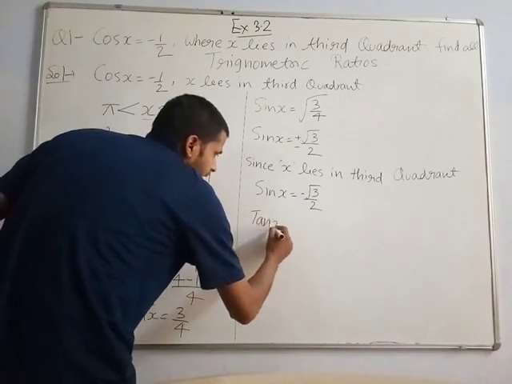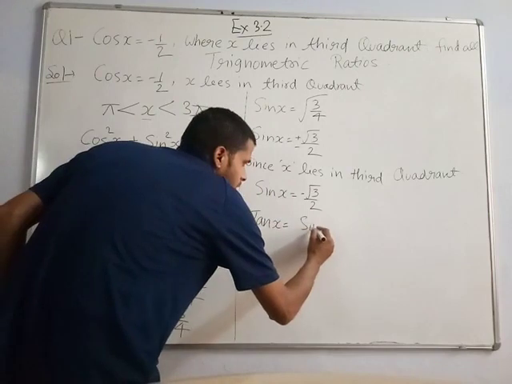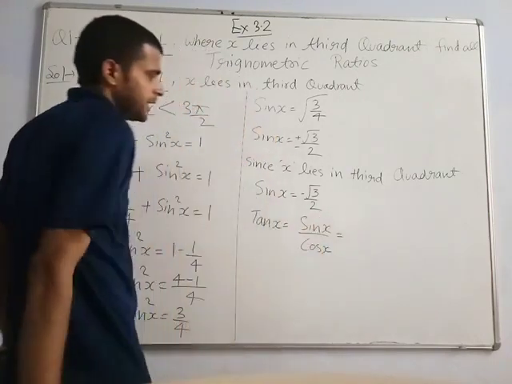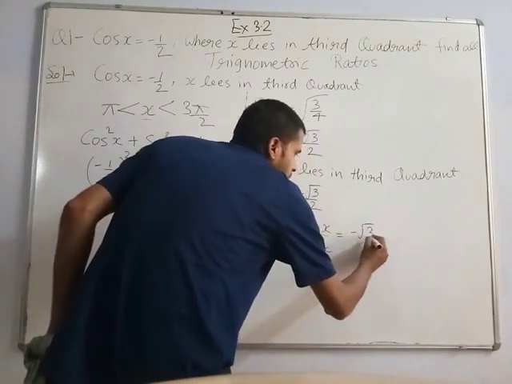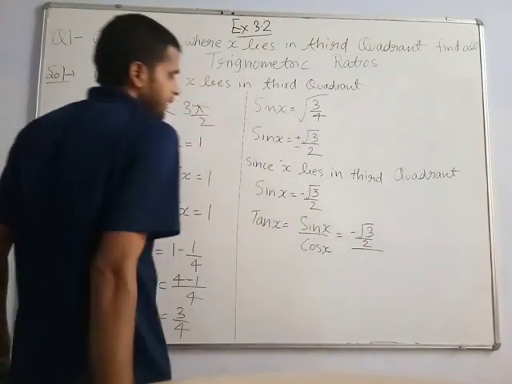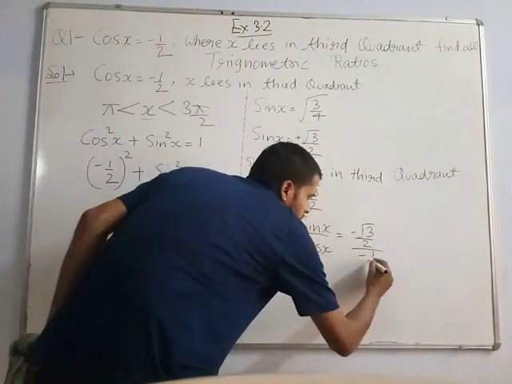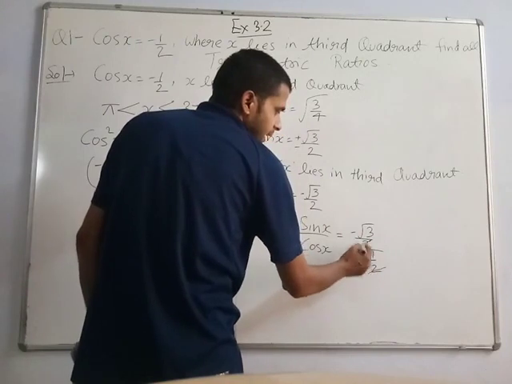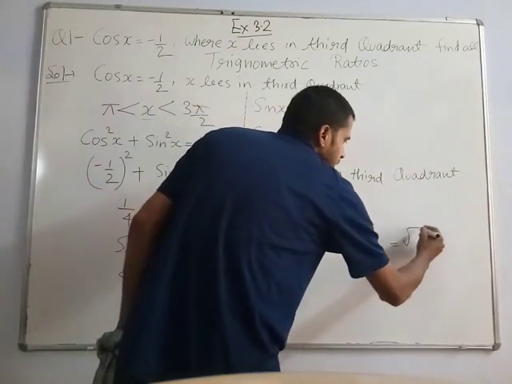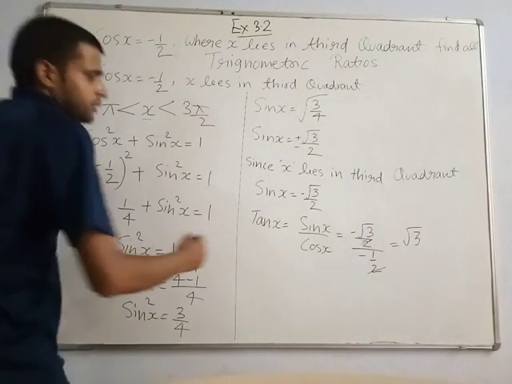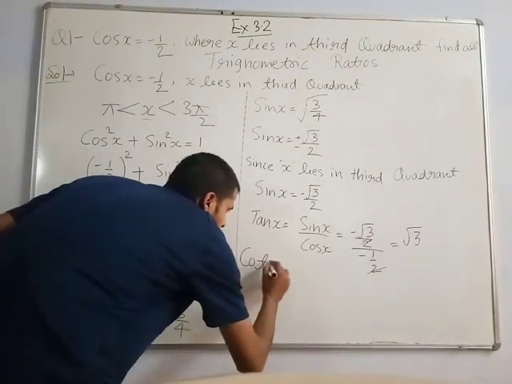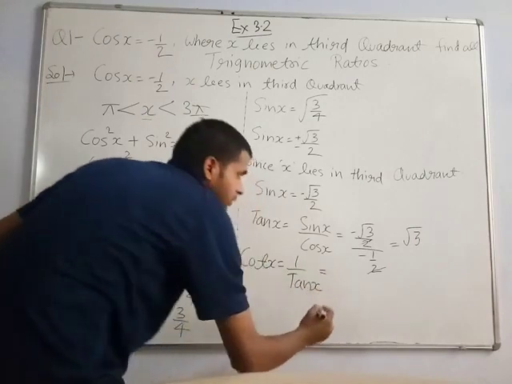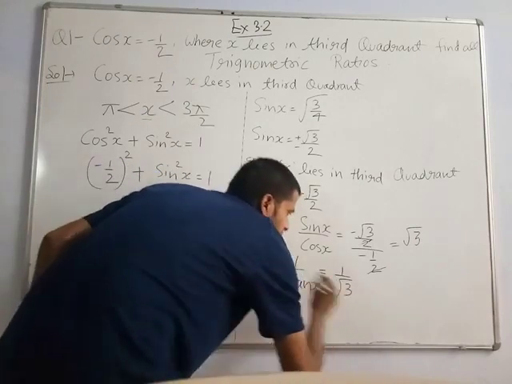Then tan x equal to sin x upon cos x. The value of sin x is minus root 3/2 and cos x is minus 1/2, right? So 2 cancels and minus cancels, so that is root 3. Then cot x is the opposite of tan x, 1/tan x, so 1/root 3, right?